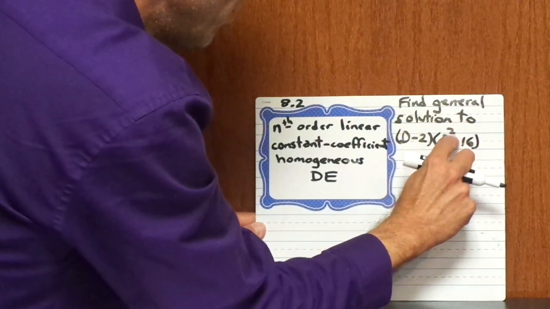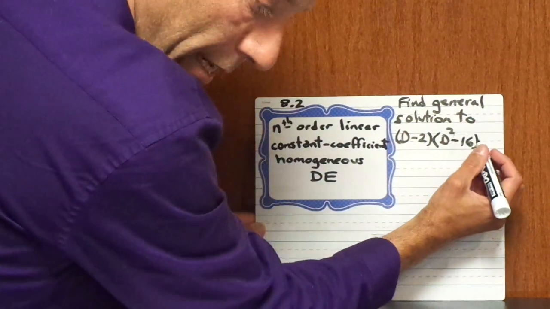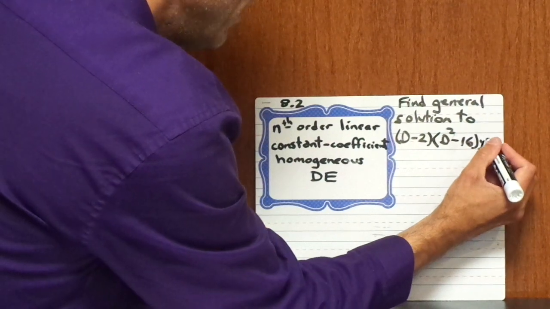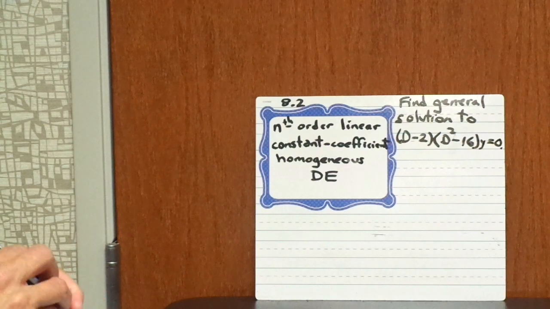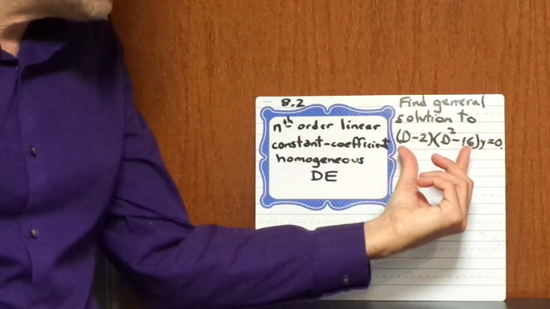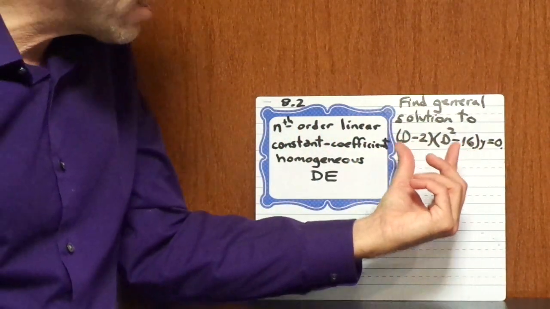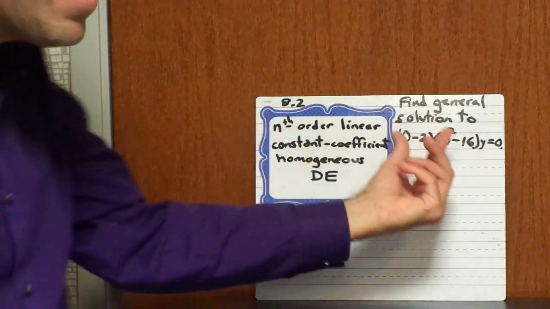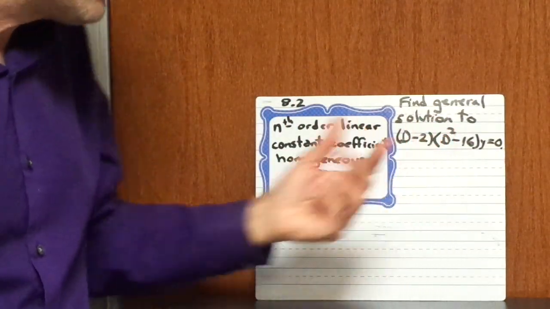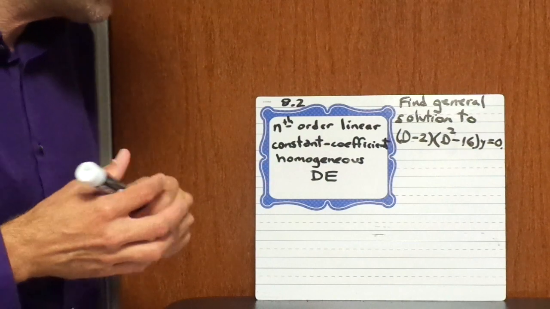So D minus 2 times D squared minus 16 of y equals 0. This is an operator that actually has already been partially factored for us, and so it's going to make it easier for us to get the roots.